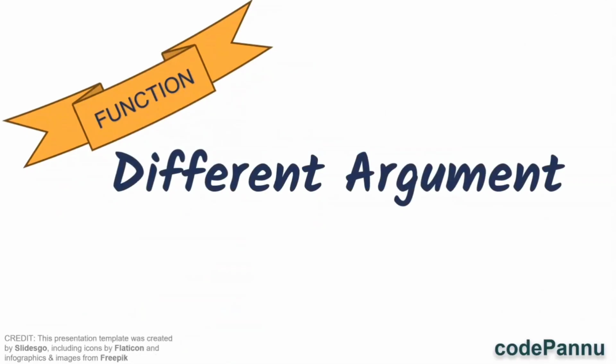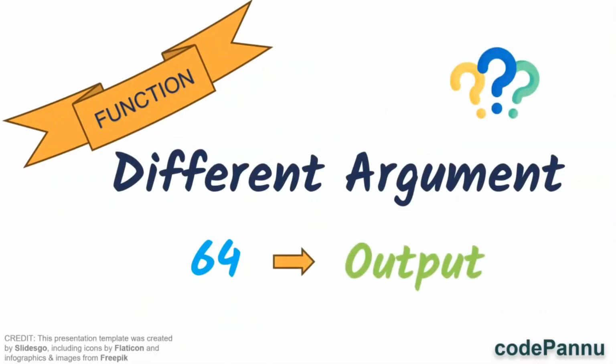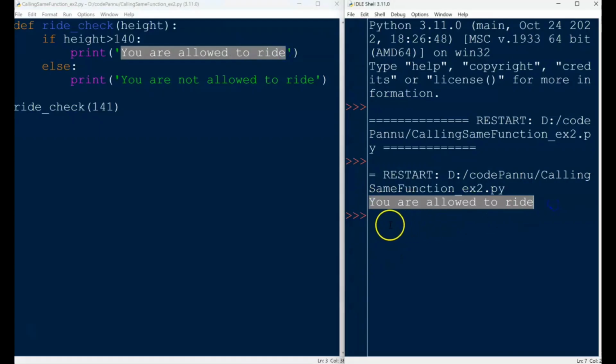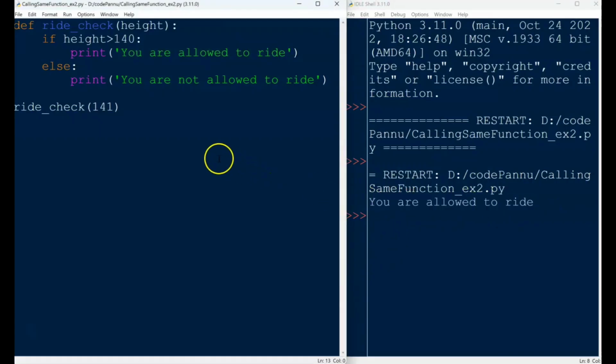Correct. This time, we shall call the function again but with a different value 64 and print the output. Shall we? Okay, let us go to Python again now and write another function call statement and put the value 64 inside the brackets.